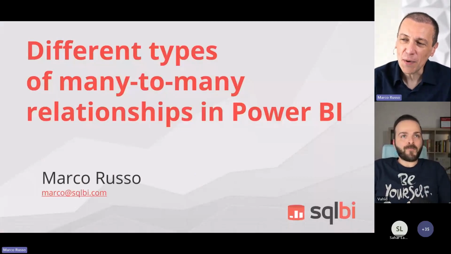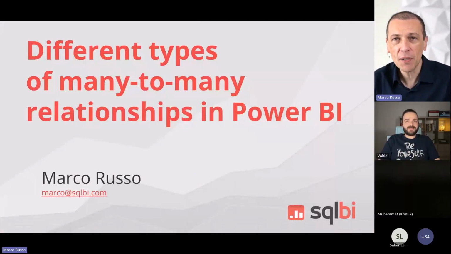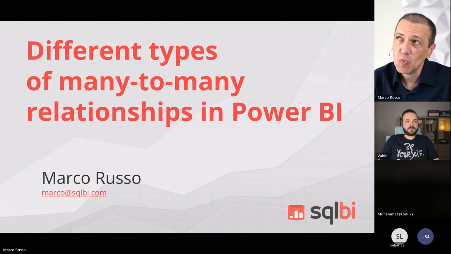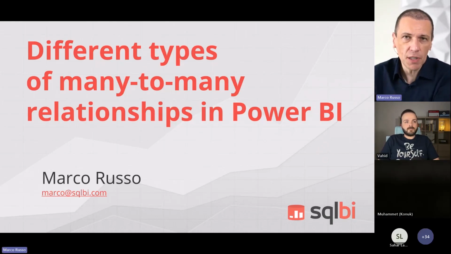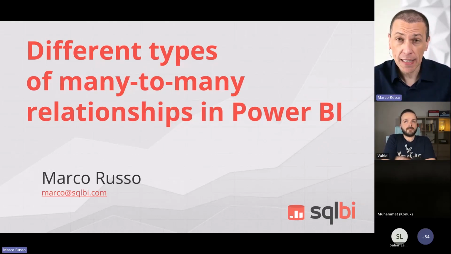Okay, so the session today is about many-to-many relationships in Power BI. There are two main concepts that I will introduce now in the initial slide that I want to include in this session.